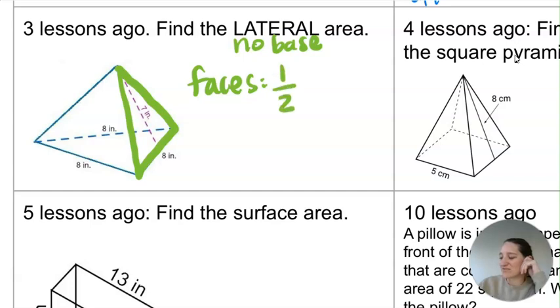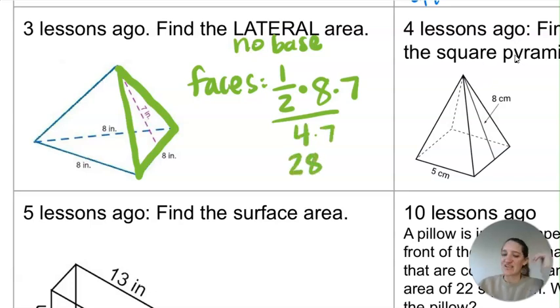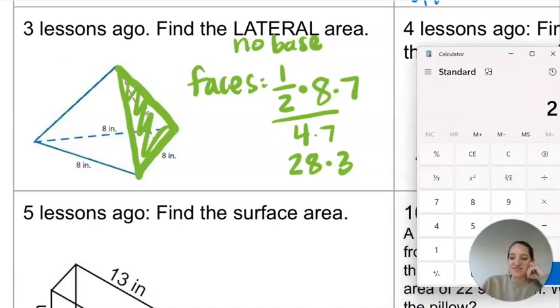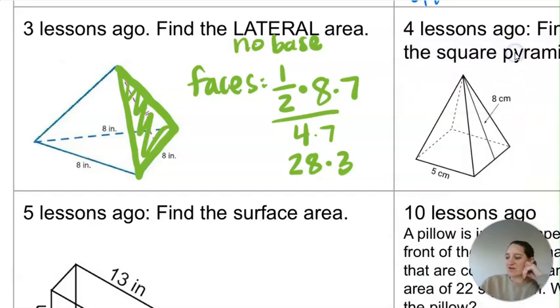Okay, we're talking about a triangle. So we're going 1/2 times 8 times 7. Half of 8 is 4. 4 times 7 is 28. So I know that one triangle is 28 inches squared. But now I'm going to times that by 3 because there are 3 sides. And I get 84. 84 inches squared.